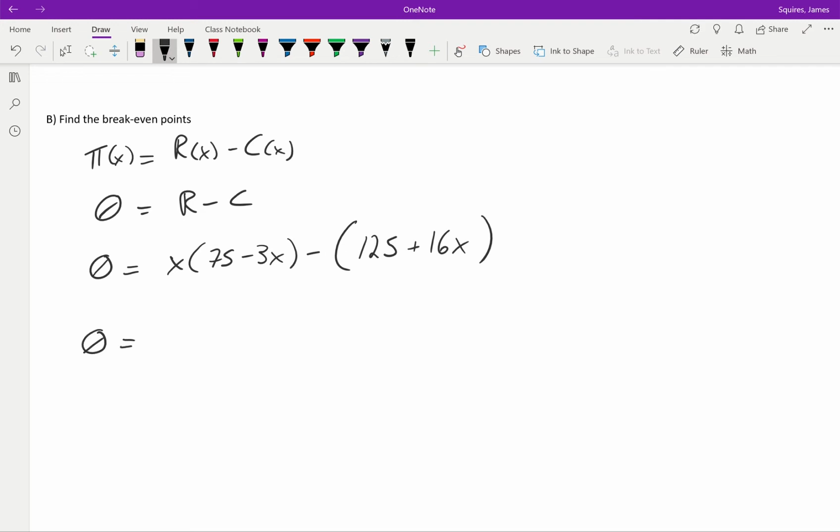We'll get 0 equals minus 3x squared plus 75x minus 16x minus 125. And this equals minus 3x squared plus (75x minus 16x), which gives plus 59x minus 125.